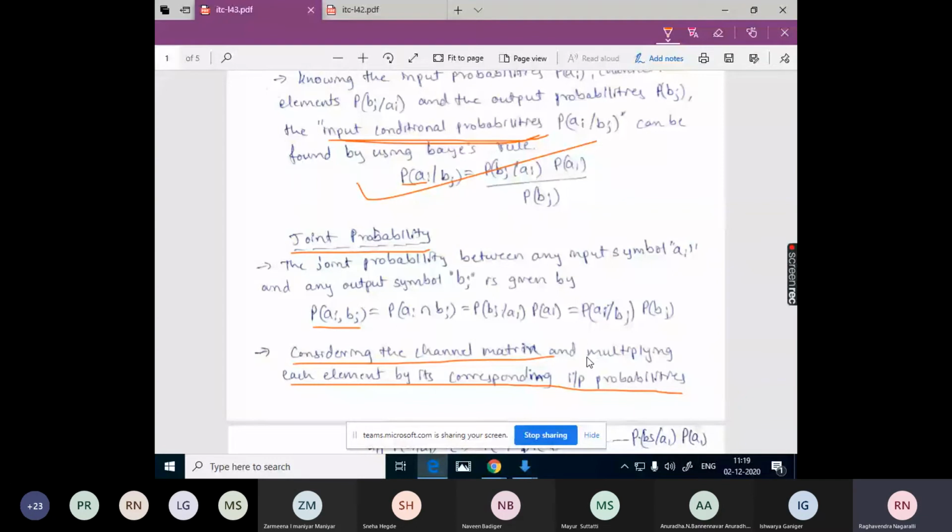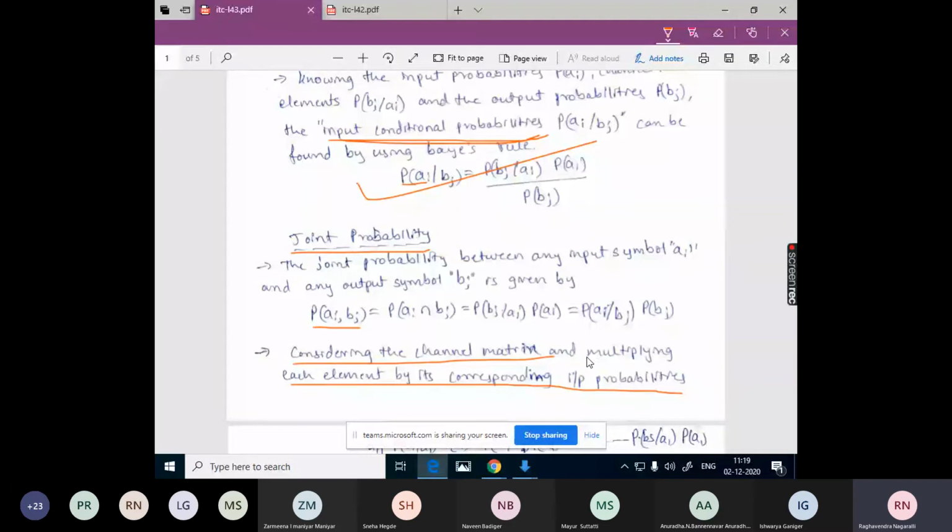P of A1 comma B1 plus P of A2 comma B1 plus P of A3 comma B1 is equal to P of B1, output symbol B1.